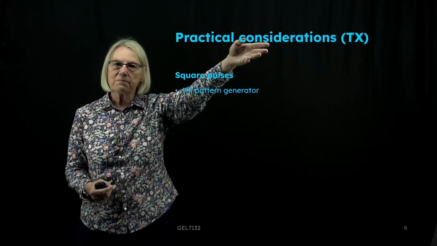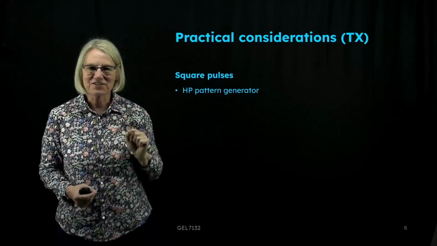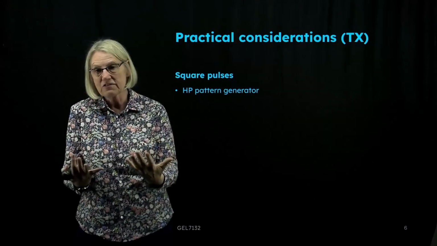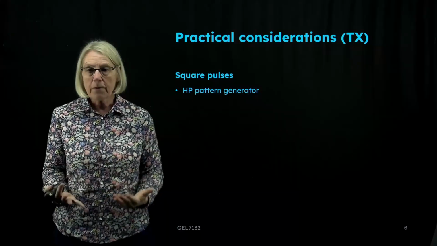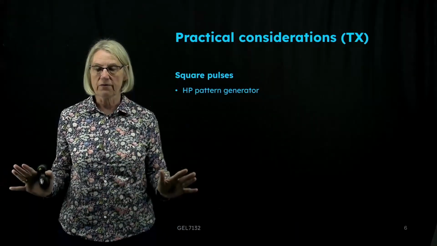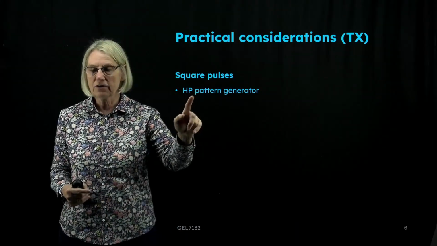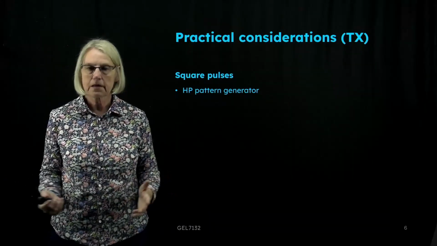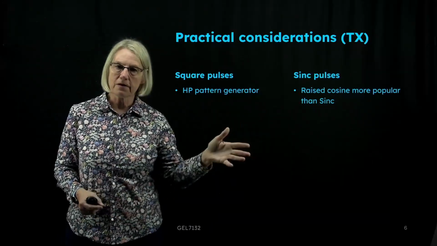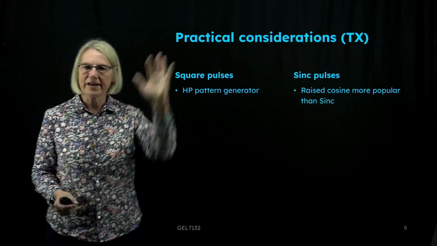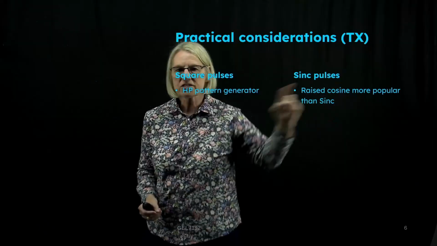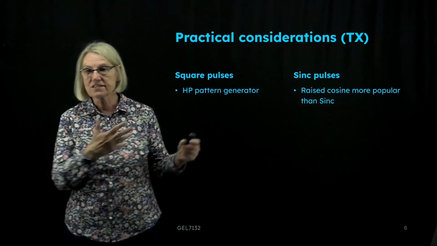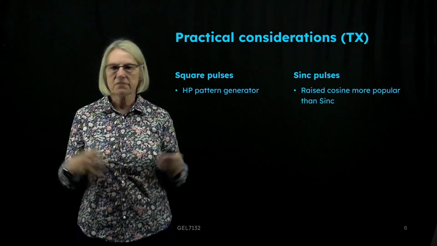Now let's take some practical considerations into account, and this is at the transmitter, because it's the transmitter that generates the pulses. Square pulses, as I mentioned, are easy to generate. We have a Hewlett-Packard pattern generator, for instance, which will generate square pulses. Now, if I want to generate sinc pulses, actually sinc pulses were my extreme example, but raised cosine is a family of pulses related to the sinc pulse that are very popular.